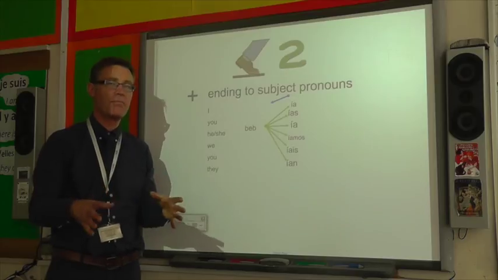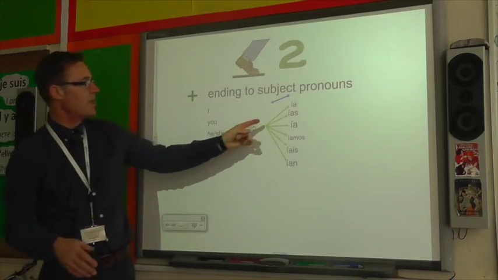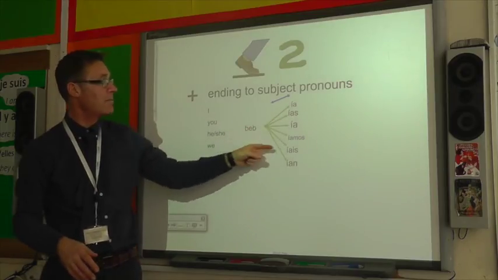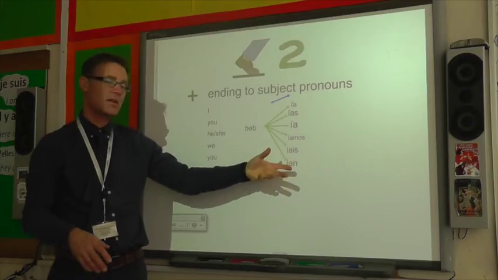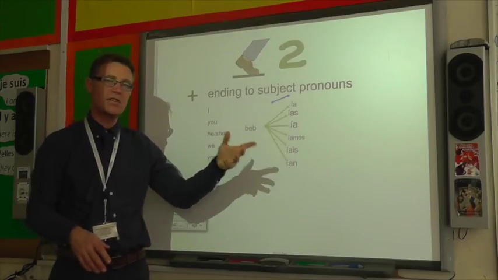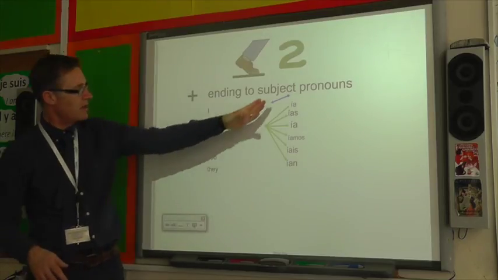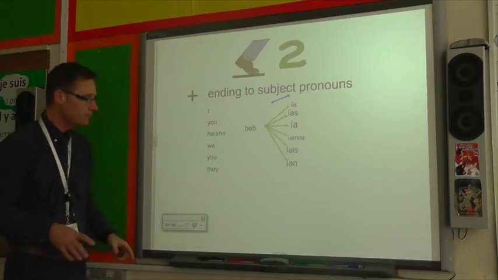So we're doubling up, making life a little bit easier. Same pronunciation: bebía, bebías, bebía, bebíamos, bebíais, bebían. So, the process is the same. ER and IR verbs share the same verb endings. That makes life just a little bit easier.